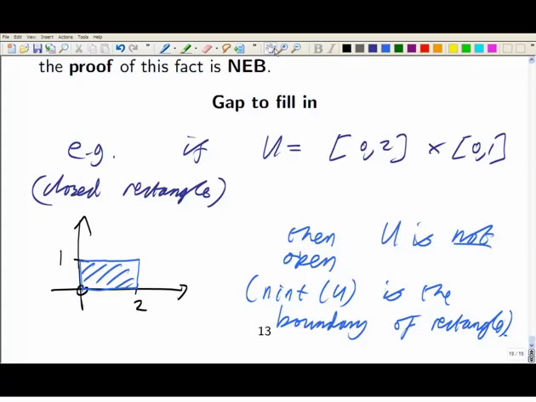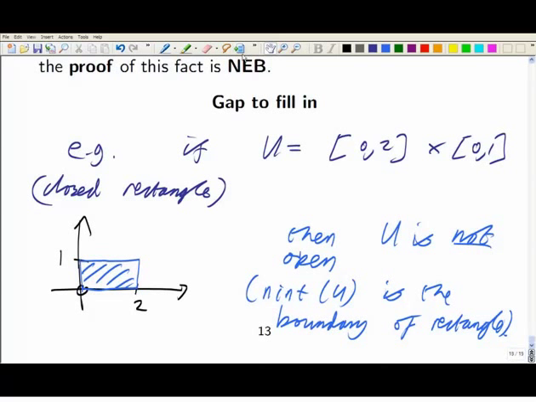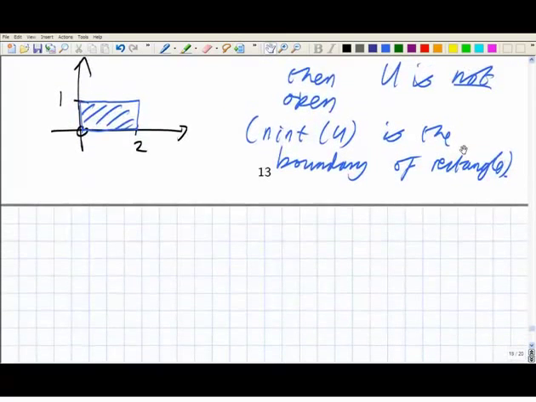Then U is not open, and the interior of U is the boundary of the rectangle, whatever that means.